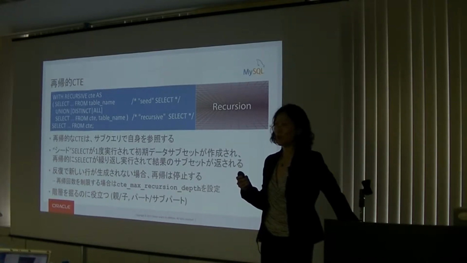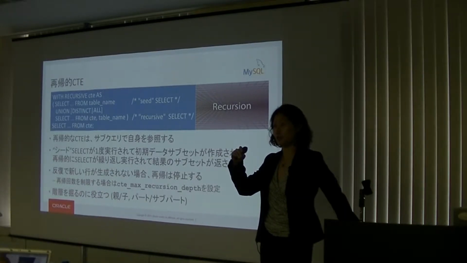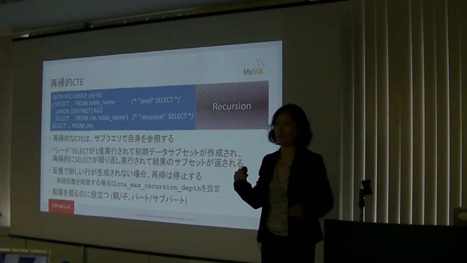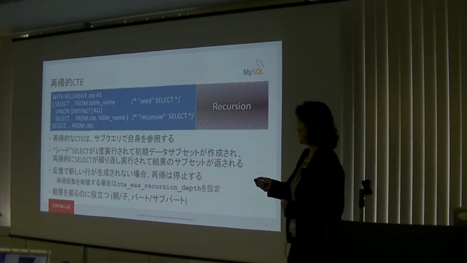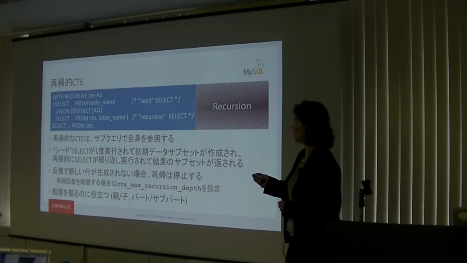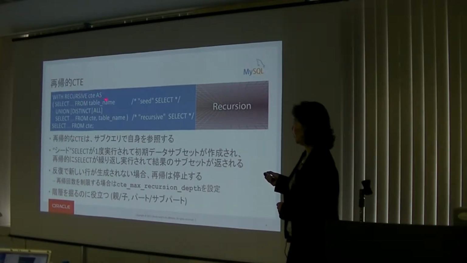It's useful for traversing a hierarchy, like organizational chart. The syntax is like this. WITH RECURSIVE is the keyword. CTE is the name of the recursive CTE. AS is the definition of the recursive CTE.